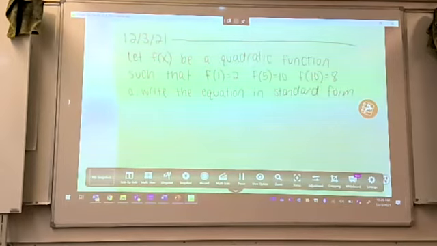Note that for this example, we don't know what C is. Right? So because of that, we're going to have a system of equations with 3 variables, which sucks.